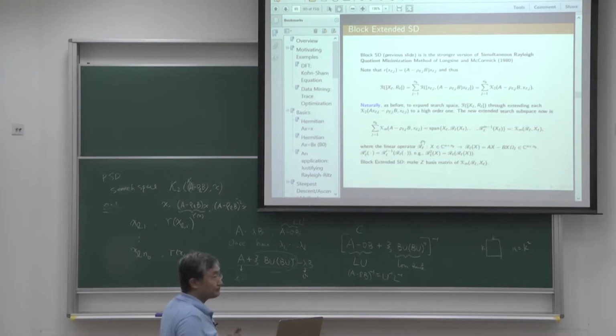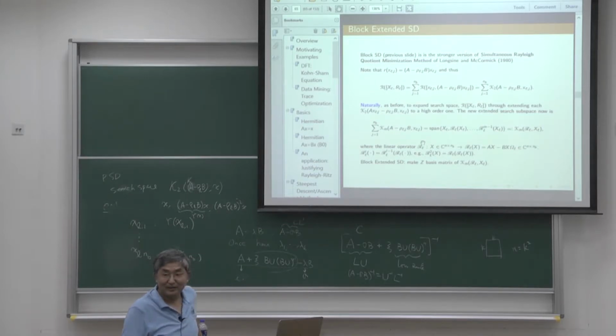All right. And now here for simplicity, we extend each Krylov subspace of order 2 to order M. Presumably, you can extend each Krylov subspace to a different order. Those are just parameters.